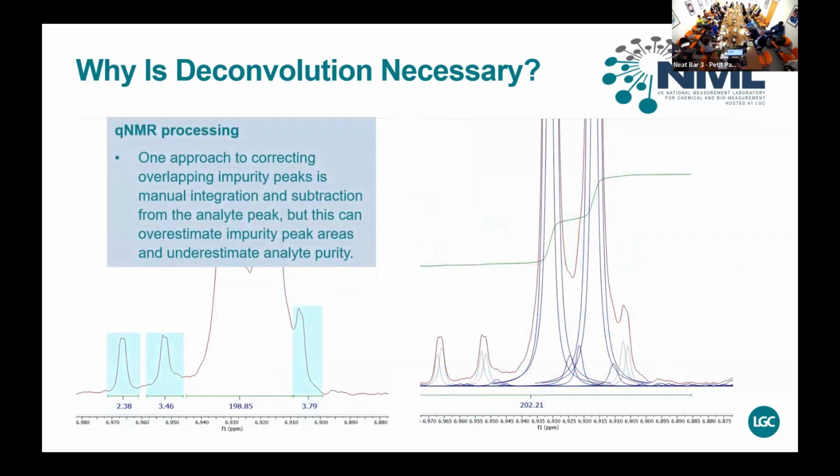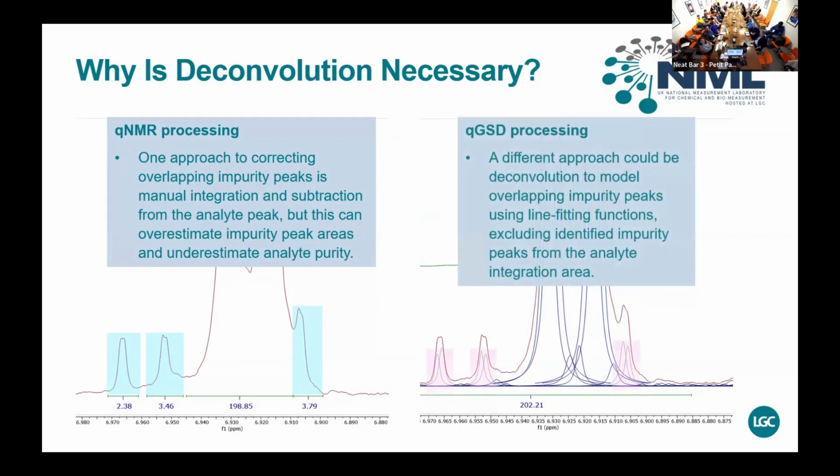So here I have an example of an analyte which has overlapping impurity peaks. One approach is we can correct for it by manually integrating the impurity peaks and subtracting this away from the analyte to get the purity value for the analyte peak. However, this could be overestimating the area of our impurity peak and underestimating the purity of our analyte peak.